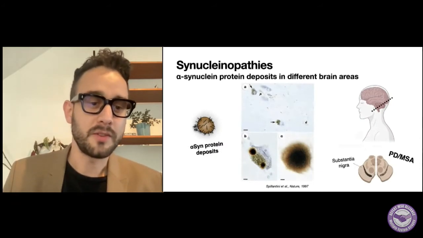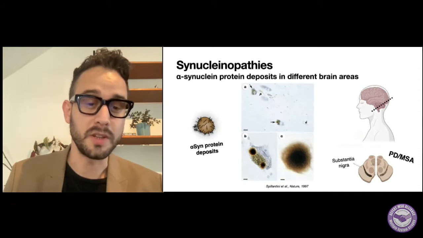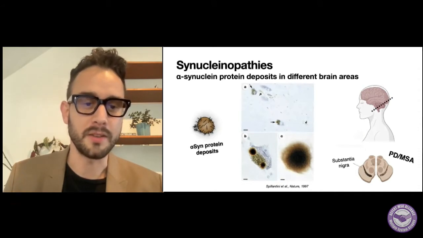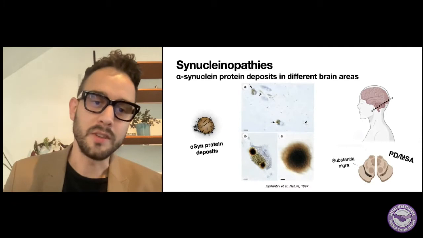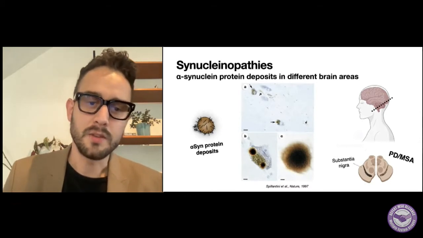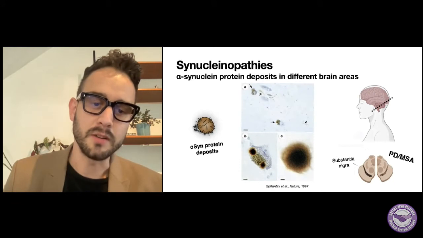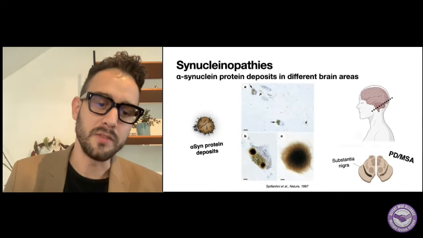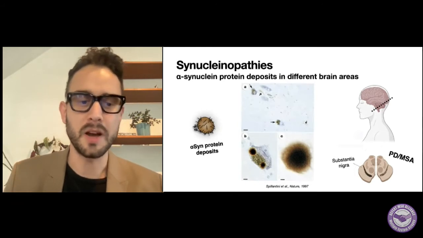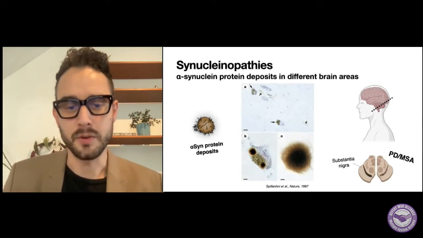The first time that this protein was described and discovered was almost 20 years ago by Professor Maria Grazia Spillantini, where you can see here an image of a person with Parkinson's disease. You can see these pigmented neurons, which are dopamine neurons that bear some of these inclusions, these synuclein deposits that we believe are so important.